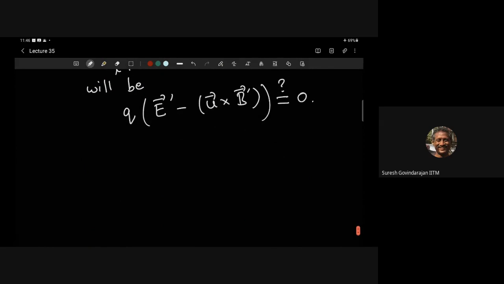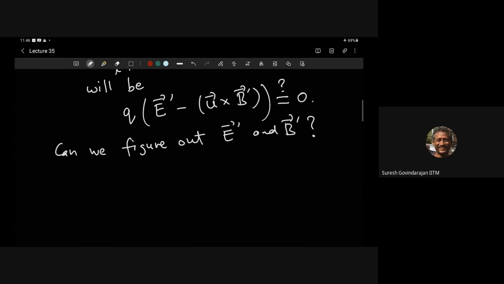But at least here this works. So now, can we figure out E prime and B prime? Okay, just using this data, and the answer is yes.